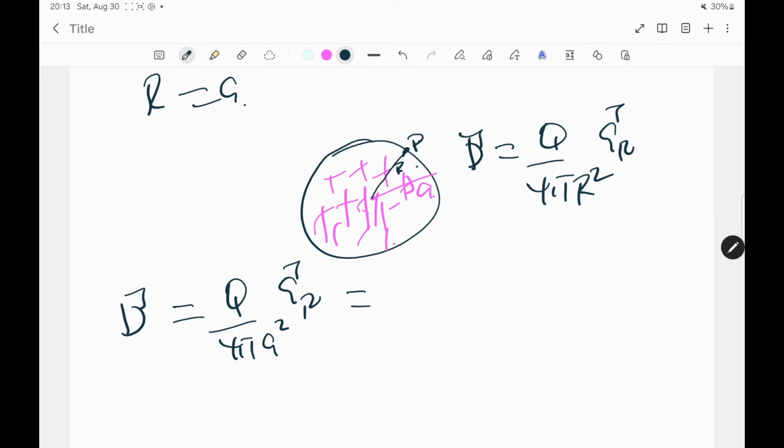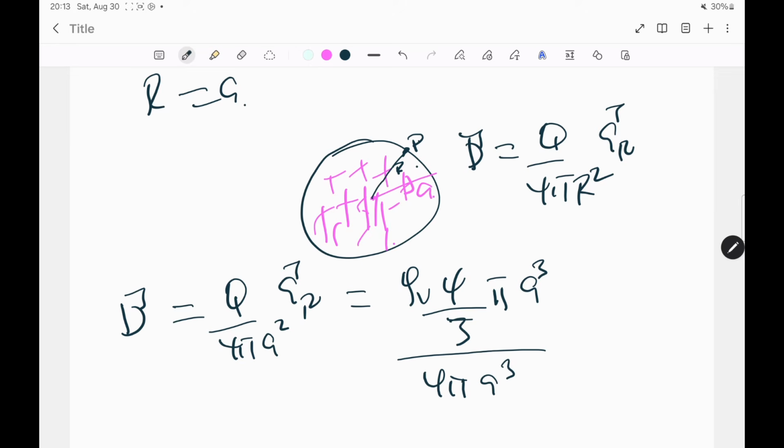Then when it comes to our charge, we know our charge is volume charge density times the volume of the sphere, which is 4 over 3 pi A cubed.